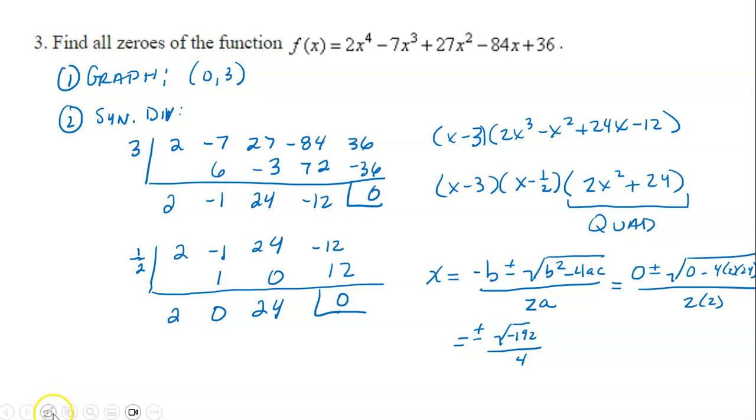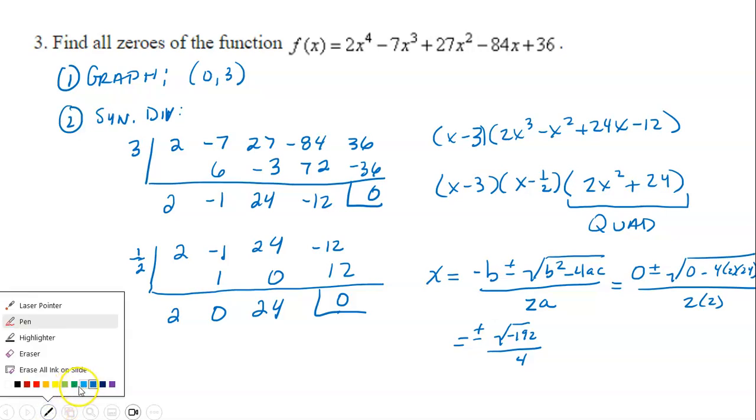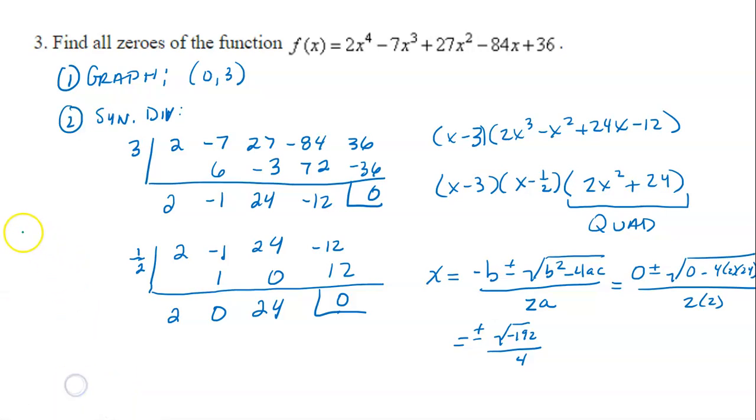So what I did, I'm going to change colors because I can't anymore with this one. I prime factored this one. This is 2, 48. This is 6, 8. This is 2, 3. This is 2, 4, which is 2, 2. Okay, great. Lovely.